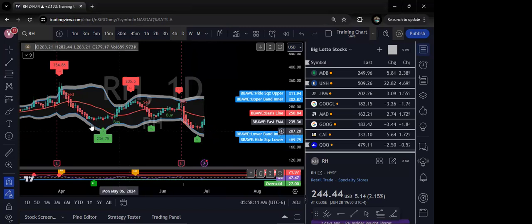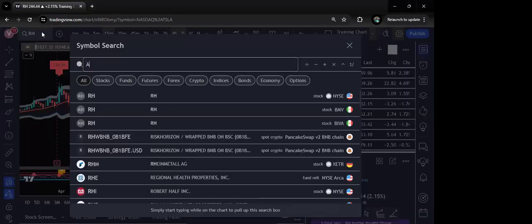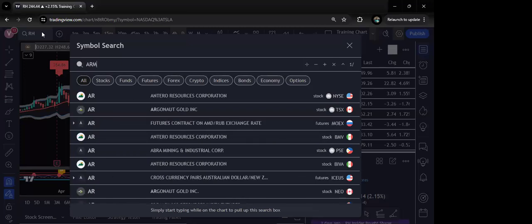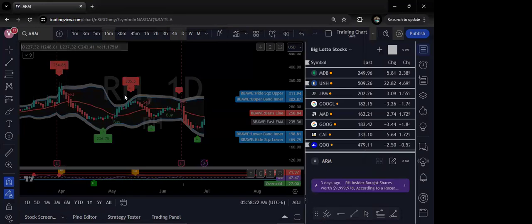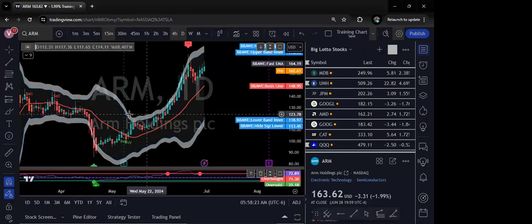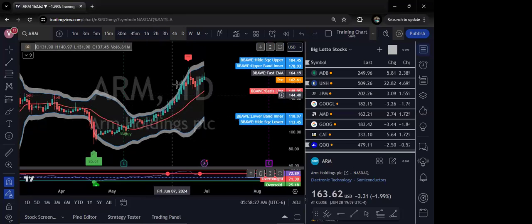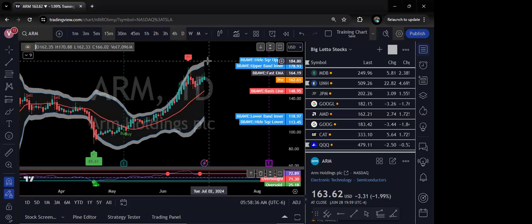Okay, so we have CVNA there, any stock that has been trending up or down for a considerable number of days or for weeks. This one had a wide band here, broke a rule. When it pulled back, it rejected the mid band, and now we want to see if it will go back to 184.